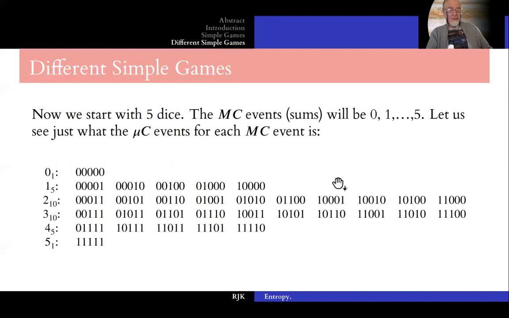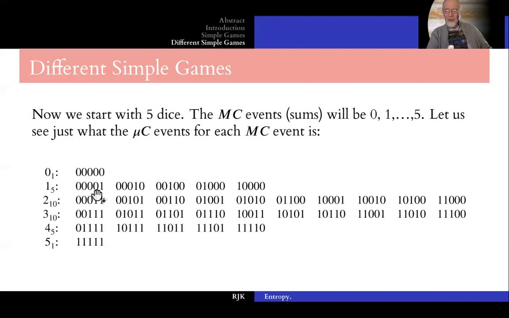So if we start with 5 dice, and we look at the sums from 0 to 5, because they can all be zeros, or at 5, they can all be 1s. But for 1, there are 5 of these that have a 1 in one of the positions. And for 4, it is the complement of the 1.